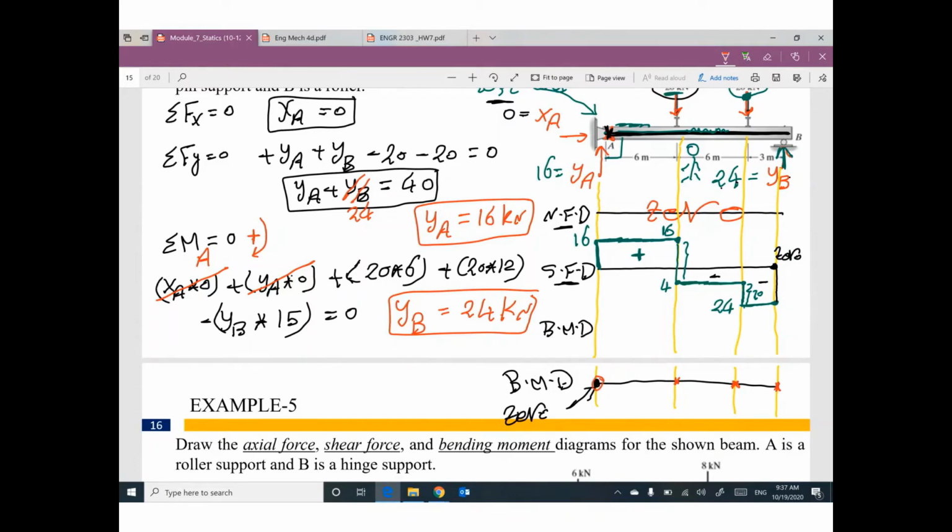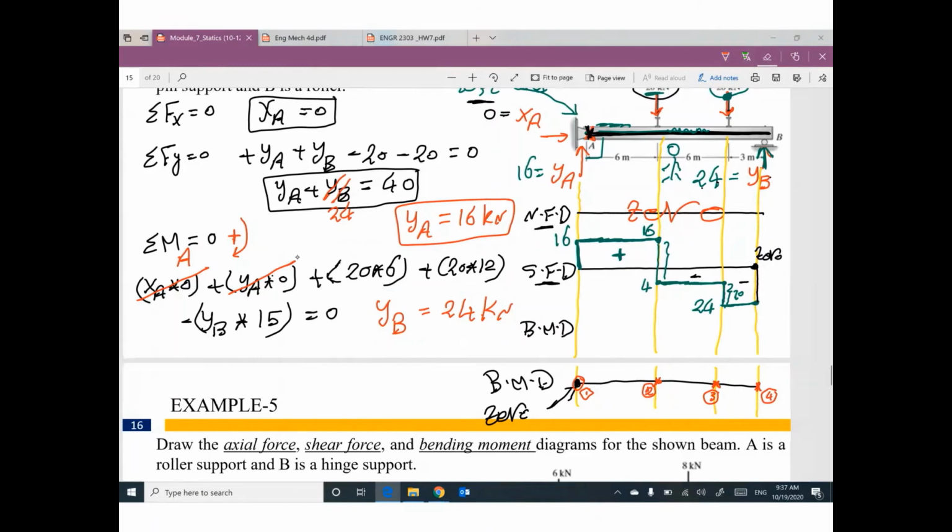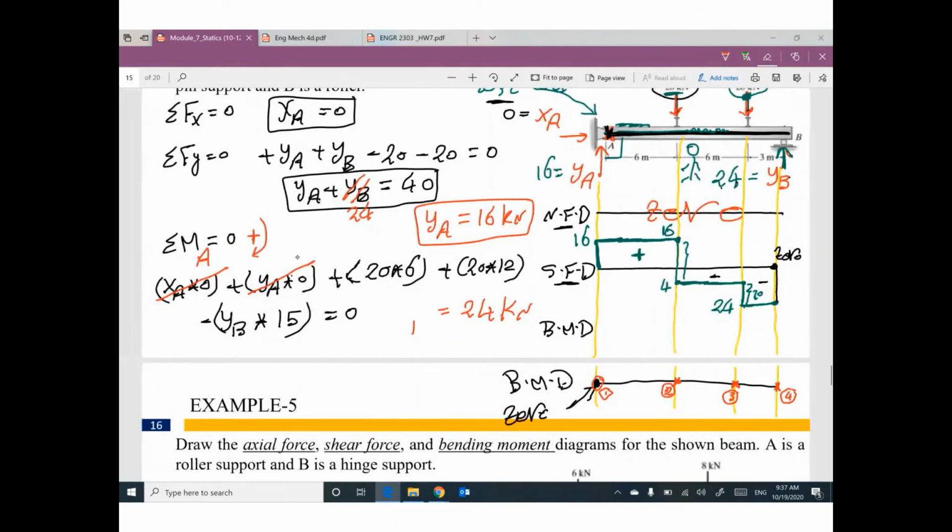What is the second value? This is number 1, number 2, number 3, and number 4. Let's do it for number 2. It's very easy. Just a second.